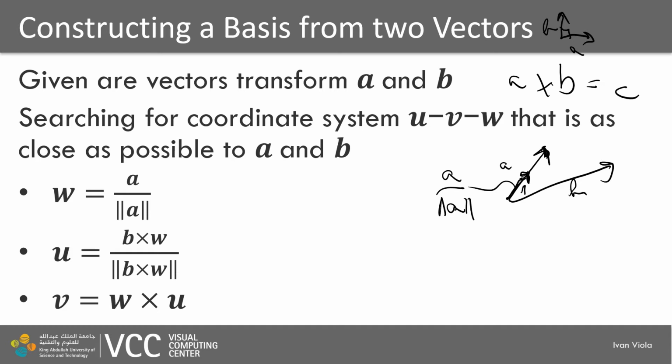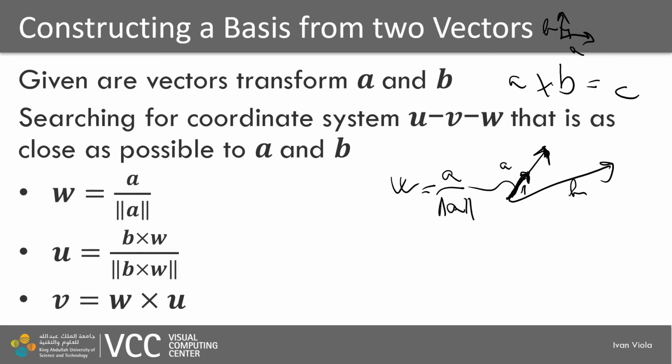We will now call it W. Now we take the cross product of B with W, and by that we will create the vector U. W is already normalized, but B isn't. Doesn't matter, we can normalize the result afterwards, and then U will also be normalized.